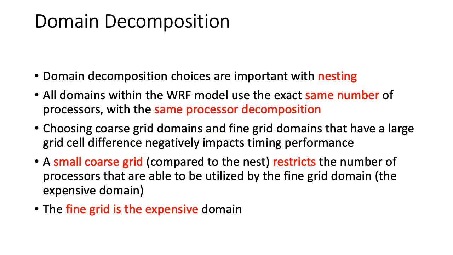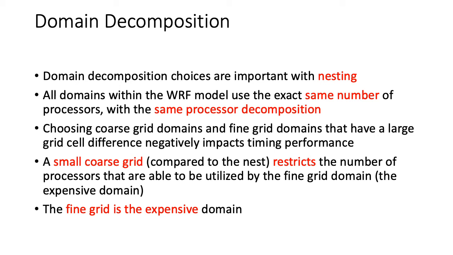An additional thing to keep in mind when doing domain decomposition is the impact of your choices on nesting. Within the WRF model, all of the domains, regardless of the number of grid cells on the domain, use the exact same processor counts in the I and the j directions.